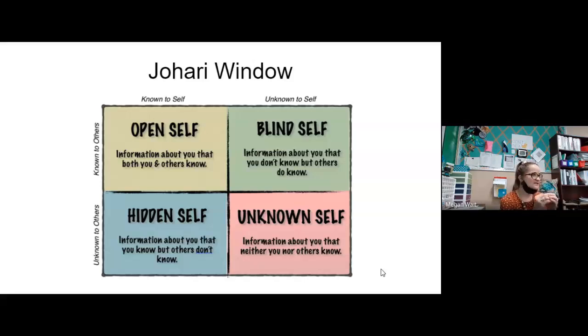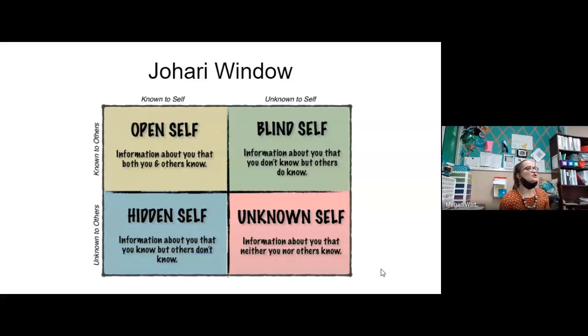That window pane contains all the information about you that both you and other people know. For example, other people might think that I'm sarcastic, but I also purposely act sarcastic. So I know I'm sarcastic and other people know that I'm sarcastic. So that's going to go into that open self box. Does that make sense?